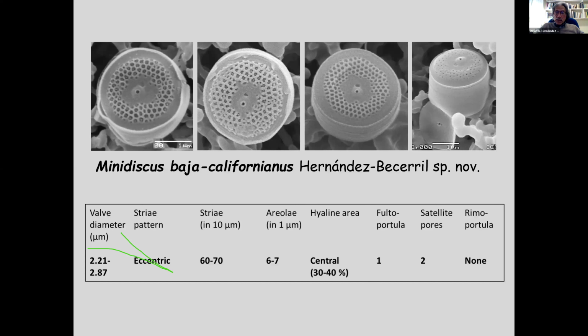It is very small, as you can see. The central area is hyaline, and also the marginal area has no areolae, is also hyaline. And you can see the size is very, very small.